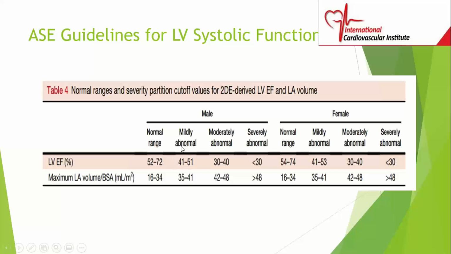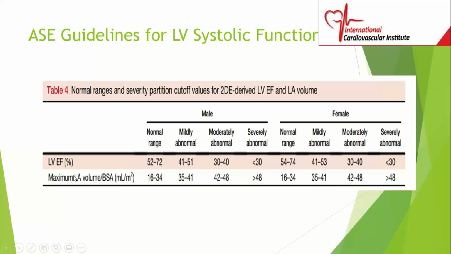Mildly depressed, mildly reduced, or mildly abnormal LV systolic function, ejection fraction is about 41 to 51. And then moderately abnormal is about 30 to 40. And severe, so anything less than 30 is severely abnormal. And then for the female, the ranges are close, 54 to 74 for normal, mildly abnormal, 41 to 53, moderately abnormal, the same, 30 to 40, and severely less than 30.